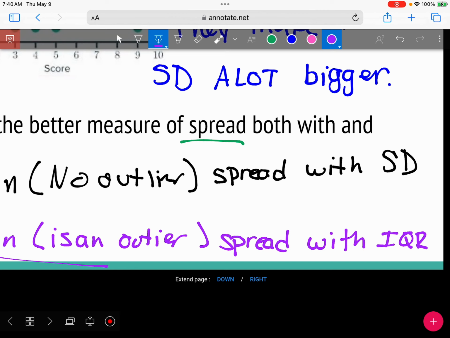So the last thing we're going to do, this is our last bit, is on page 20. We're going to look at these three pictures, and we're going to decide which one we're going to use.